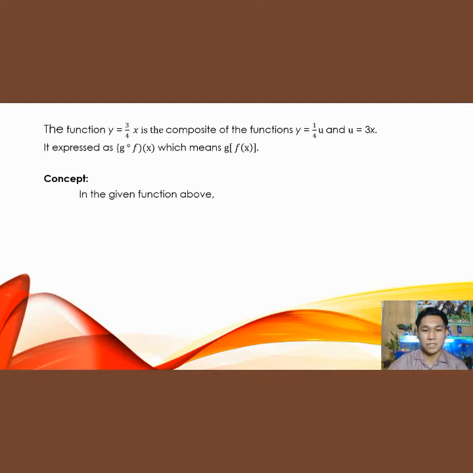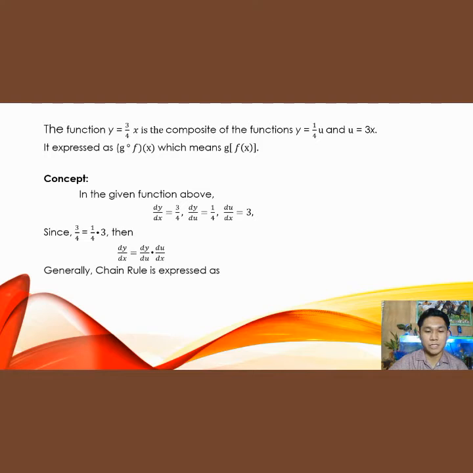In the given function above, our dy over dx is equal to 3/4, our dy over du is equal to 1/4, and our du over dx is equal to 3. Since 3/4 is equal to 1/4 times 3, then dy over dx is equal to dy over du times du over dx.